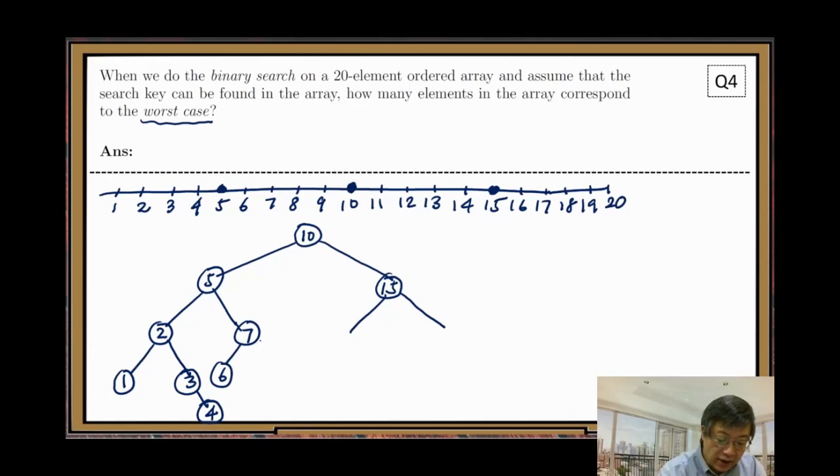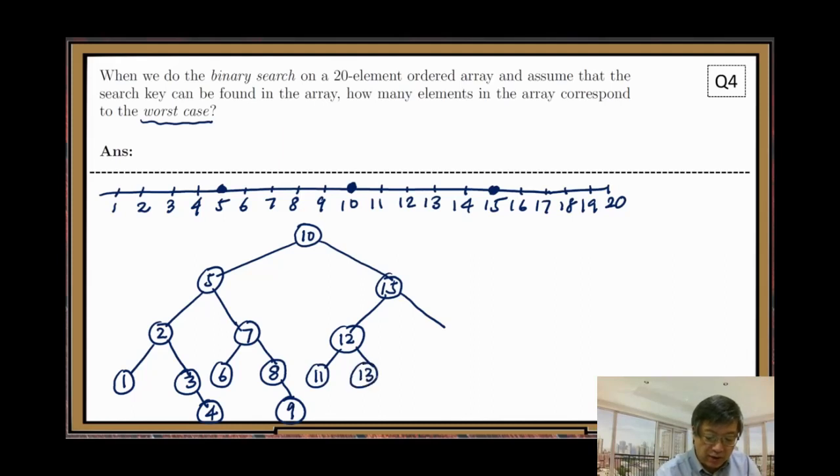Then 8 and 9: 8 is the left median, then 9. Then for 15, 4 elements, left median 12, then 11. Right branch, 2 elements: 13 is the left median, then 14.